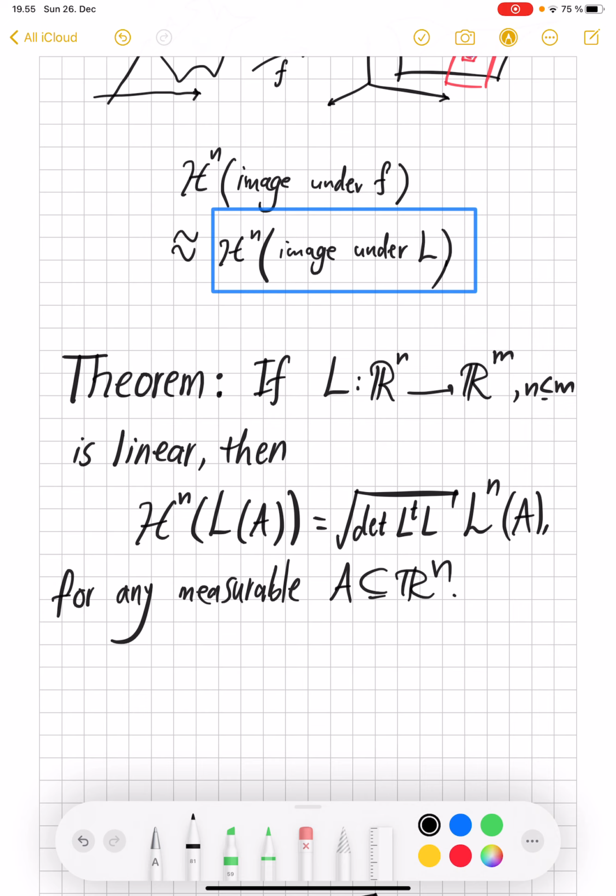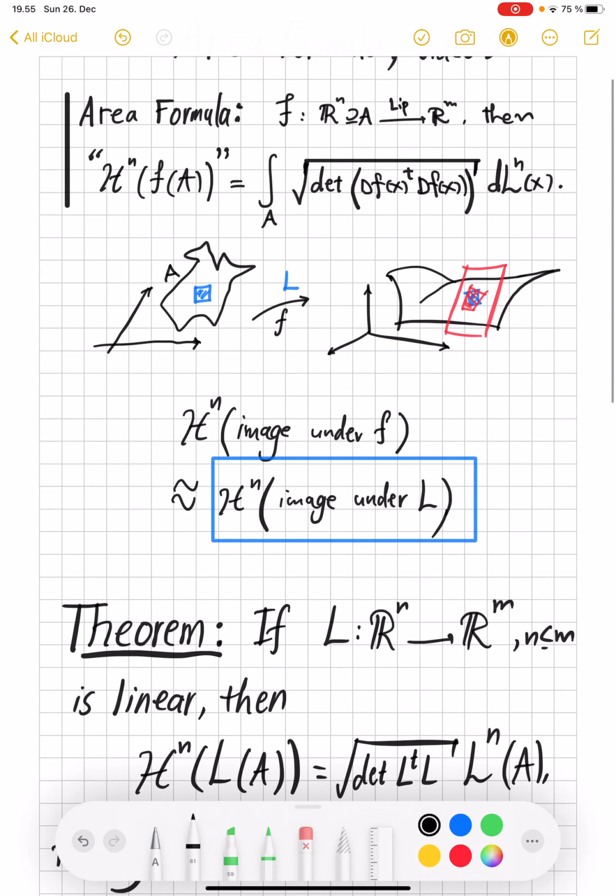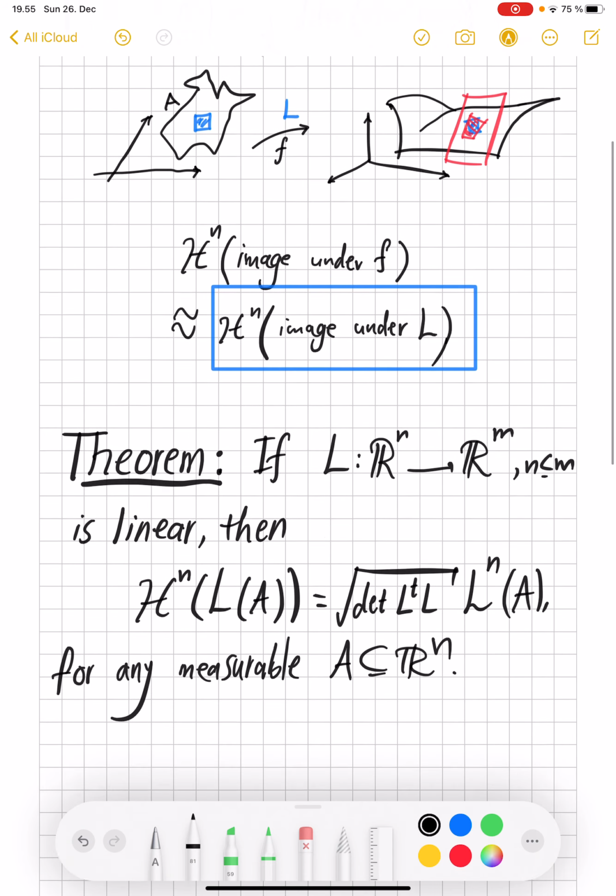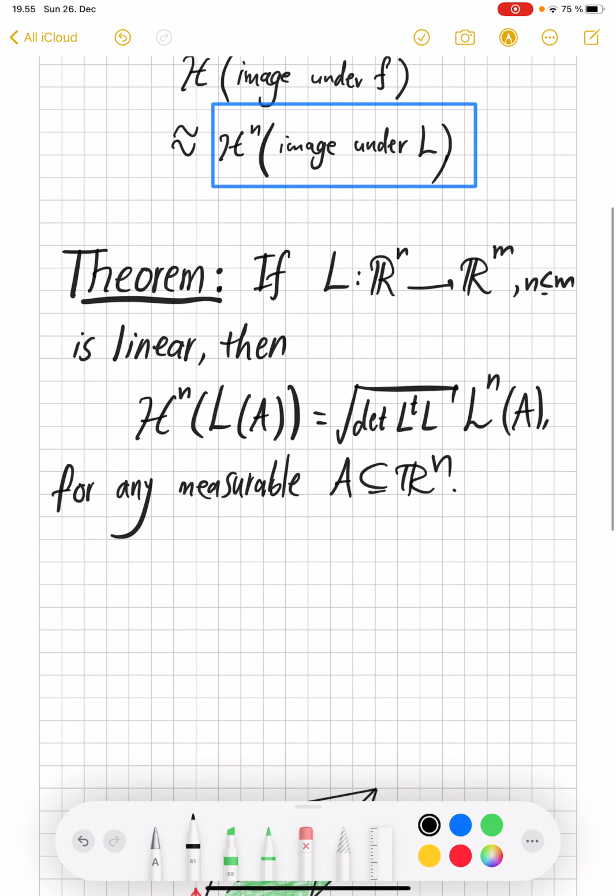So we're going to prove this, and that of course justifies why in the area formula you define the Jacobian that way. So in order to prove this one, let's see the simpler case of one Euclidean space.